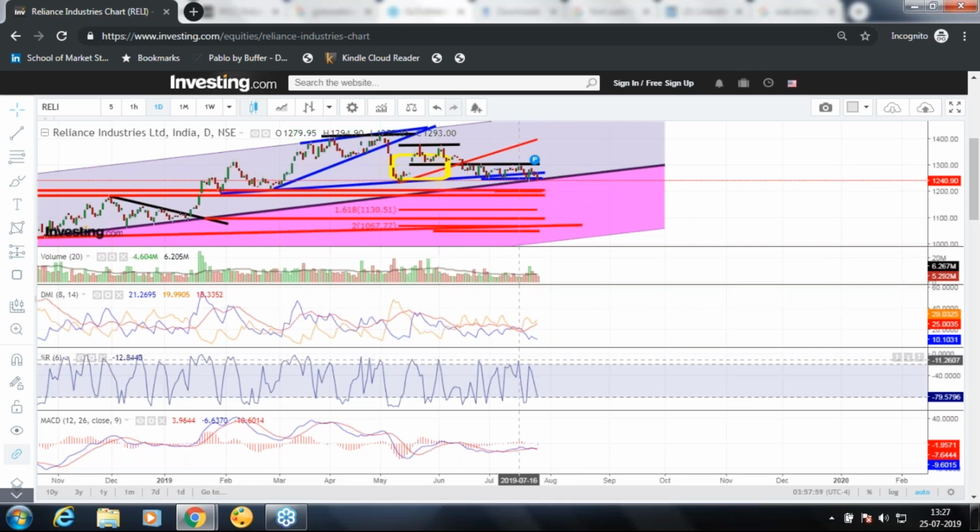The other thing is that the ADX, which has started moving up with the trend, is showing that there is strength in the downtrend.